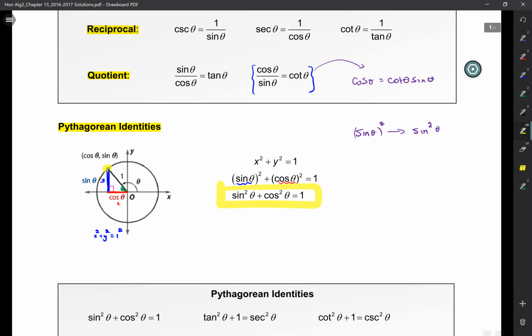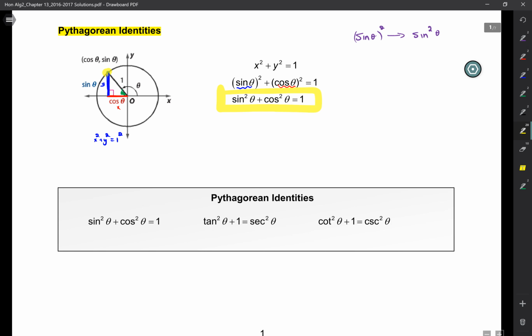All right? Now, the Pythagorean identity has friends, okay? So if I take sine squared theta plus cosine squared theta equals 1, and now, just for fun, I decide to divide everything by cosine squared theta, check out what happens.